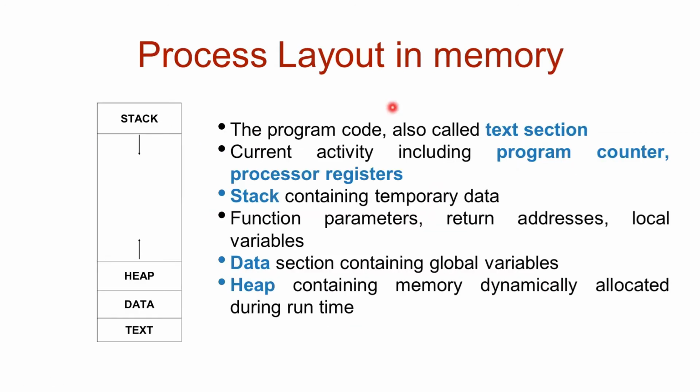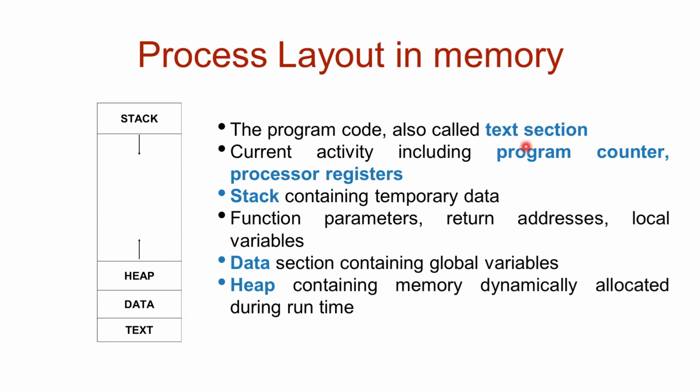Let's now see the process layout in memory. A process contains instructions to be executed which are written in a program. Apart from that, there is more information attached with the process. The program code which is associated with the process is termed as text section.